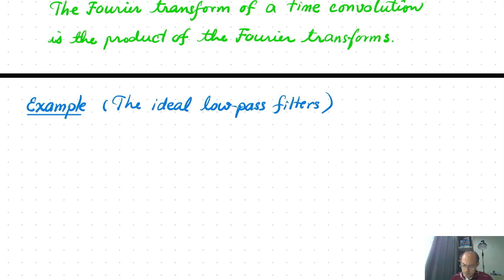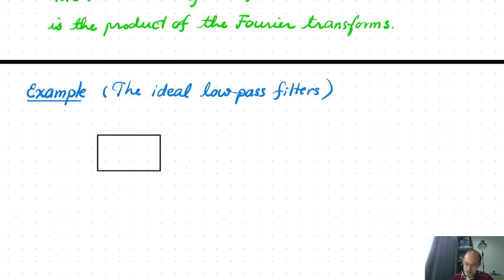So we have a low pass, we have a linear time invariant system with an impulse response h(t), which we call the ideal low pass filter.